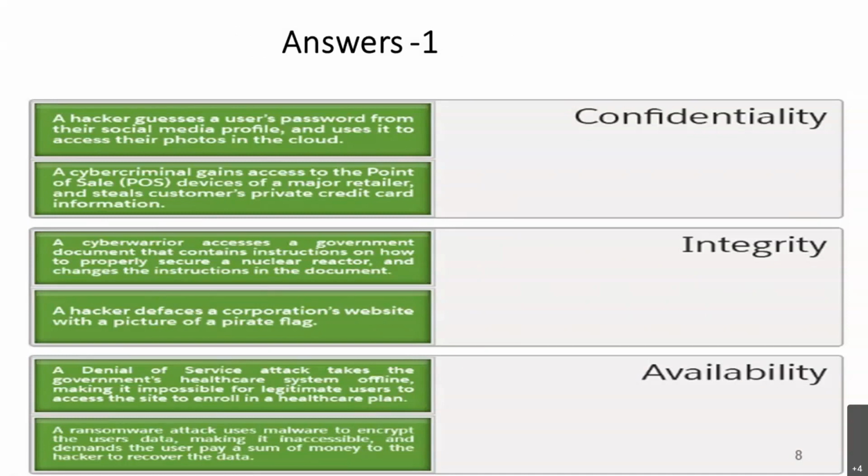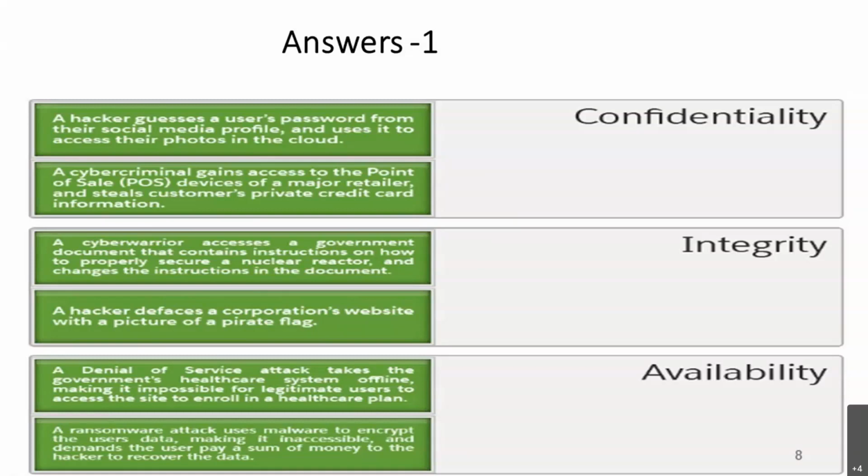It means the hacker has accessed the photos, these photos were confidential, so it is an attack on the confidentiality. Like a cyber criminal gains access to the point of sale devices of a major retailer and steals customers' private credit card information. It is also an attack on the confidentiality.